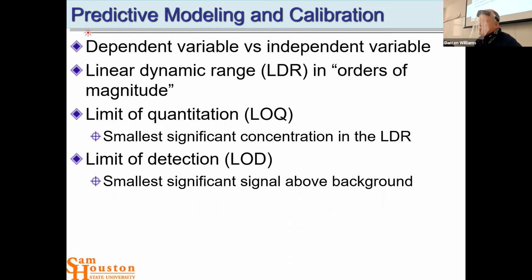One of the worst things that legislators can do is to hear about the method's limit of detection and say, well, we're going to set the law at that. So we're going to say, we want safe drinking water. And we find out that the drinking water test has a limit of detection, actually probably should be LOQ, the limit of quantitation, of like 3 parts per million of arsenic in drinking water.